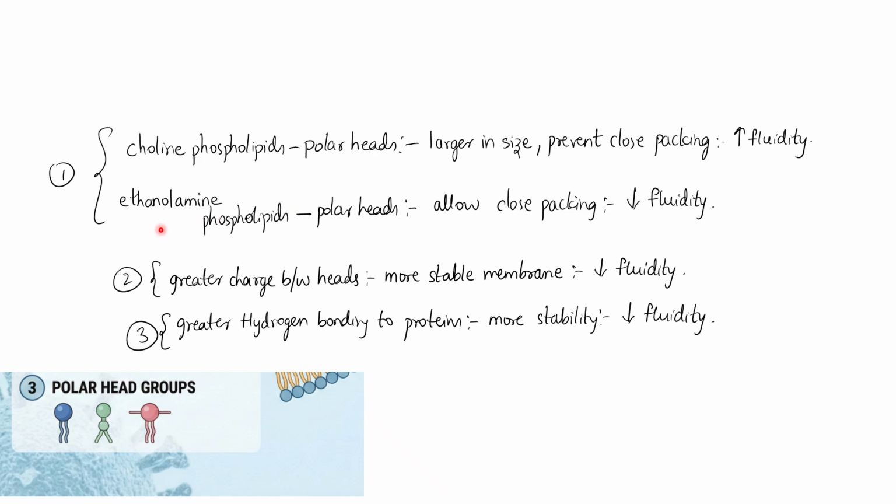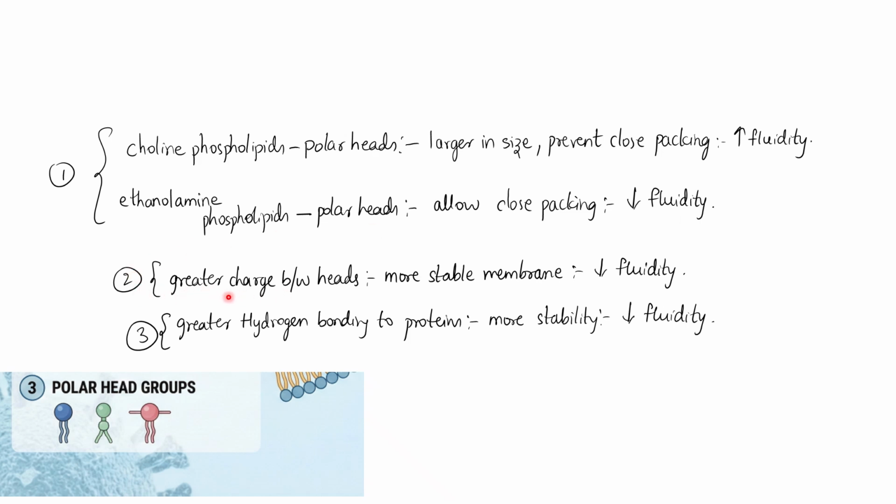Whereas the lower layer of the bilipid layer containing higher amounts of ethanolamine phospholipids, there the polar heads are smaller in size. Because of that, the heads and the layers are closely packed. Since they are closely packed, there will be less fluidity.